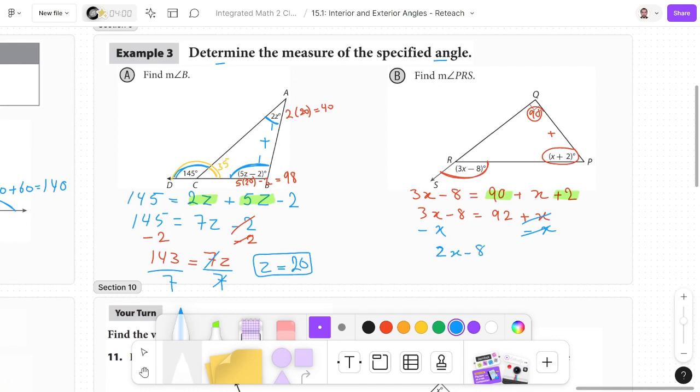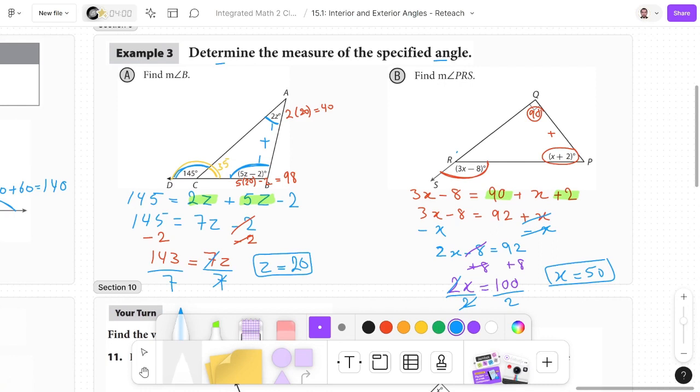So it will be 2x minus 8 equals 92. Now add 8 to both sides. So 2x equals 100. Now we divide by 2, we divide by 2, so we cancel this. So x is equal to 50. Now substitute x in the equation.